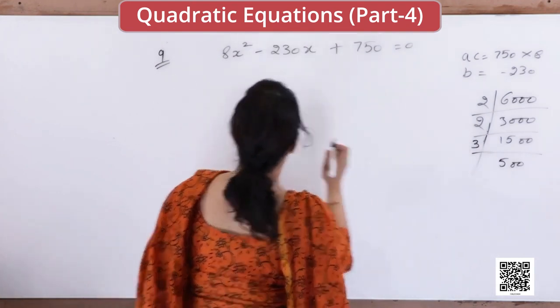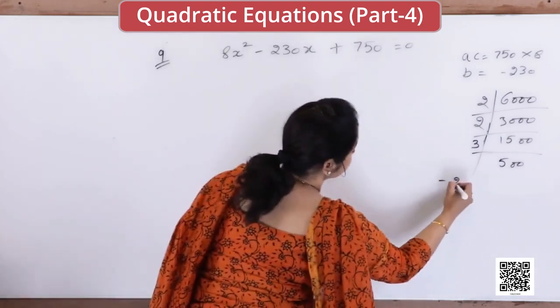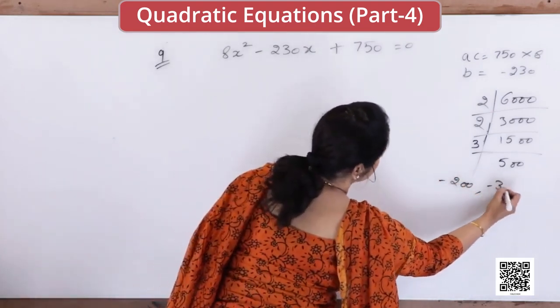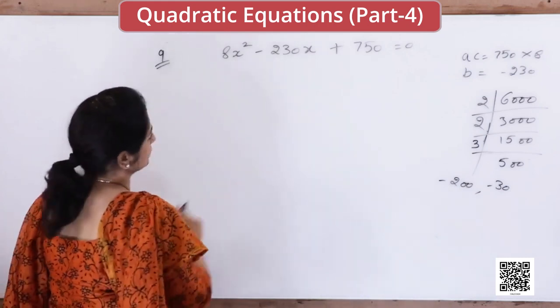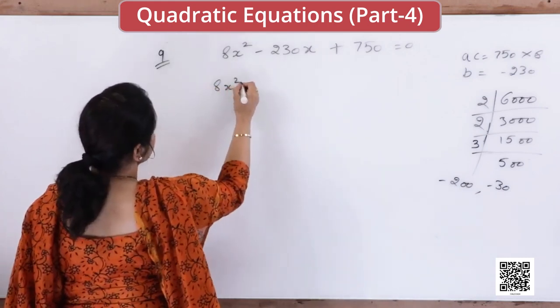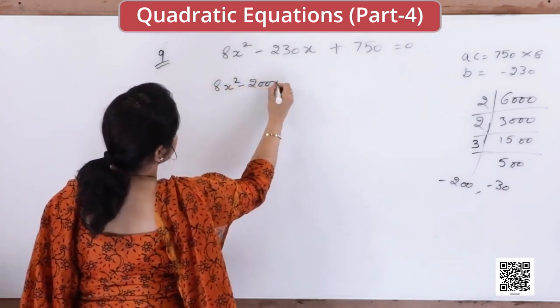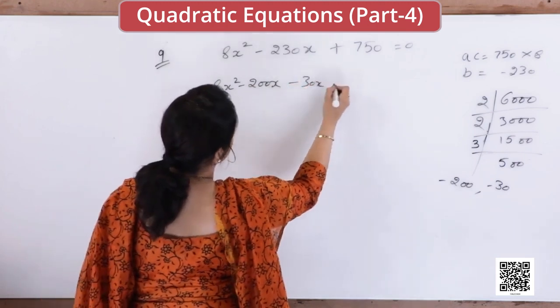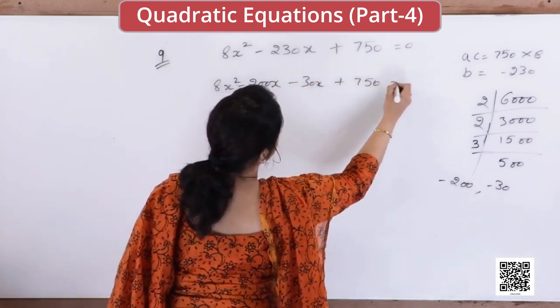So 200 minus 200 and minus 30 will give us minus 230. So 8X square minus 200X minus 30X plus 750 equals to 0.